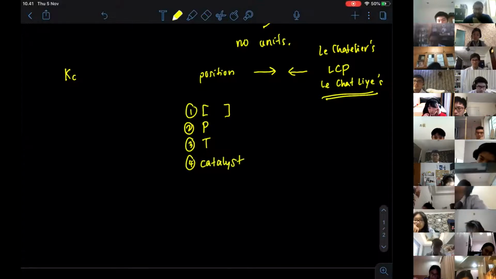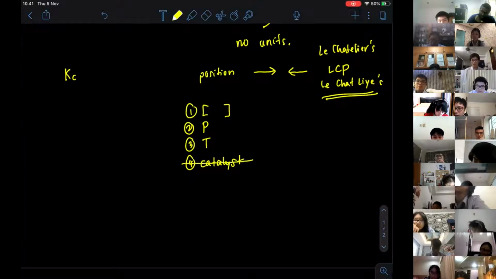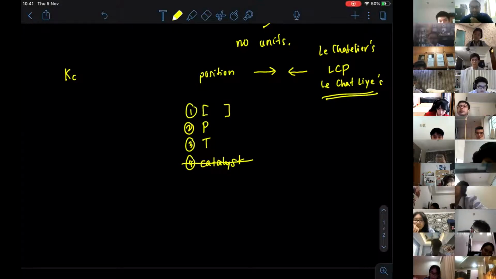Nathan, do you think catalyst affects the position of the equilibrium? No. So it does not affect the position of the equilibrium, but catalyst affects the rate of the reaction, to be exact both forward and reverse reaction. So your equilibrium can be achieved faster.